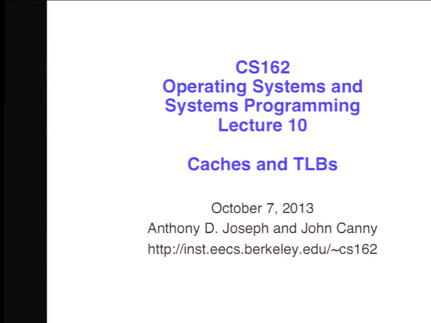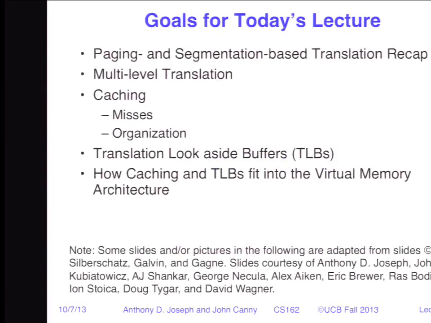This is lecture 10 of Computer Science 162. Our topic is caches and translation look-aside buffers today. But before we get into that, I want to do a recap of paging and segmentation-based translation.